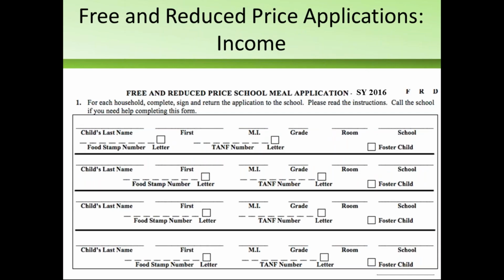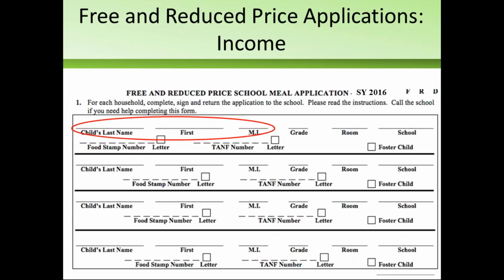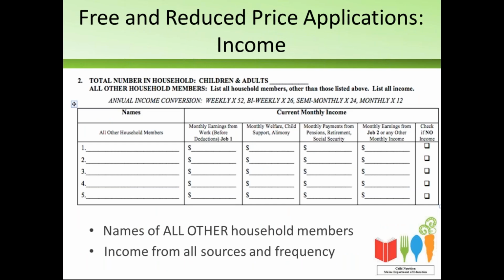If you're going to be approving the application based on income, you'll want the child's name, and we will want the number of individuals living in the household.